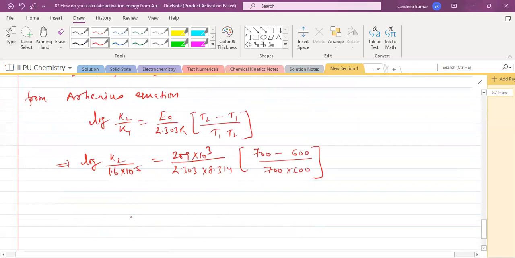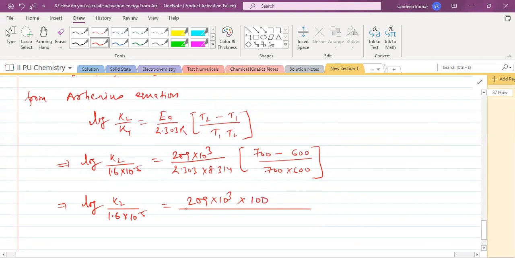So here log of K2 upon 1.6 into 10 to the power minus 5 is equal to 209 into 10 to the power 3 into 700 minus 600, which is 100, upon 2.303 into 8.314 into 7 4s 28, 7 6s 42, 1 2 3 4 into 10 to the power 4 will come.